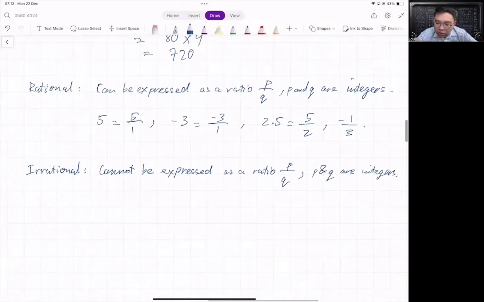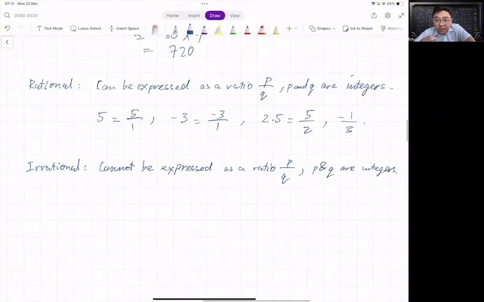We will not know why in this syllabus. If you truly want to know why, I don't think even A levels is going to teach you. If you want to know why, you can either go to the IB or go to university to know why these following numbers are irrational.